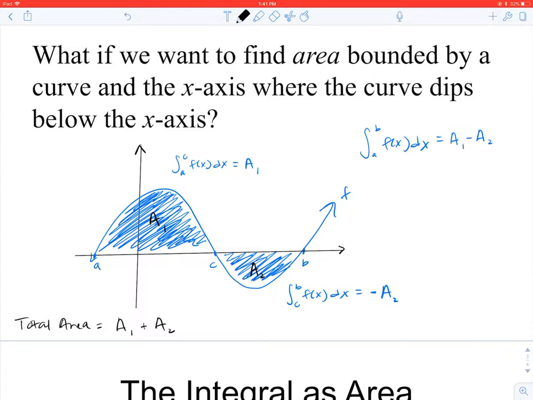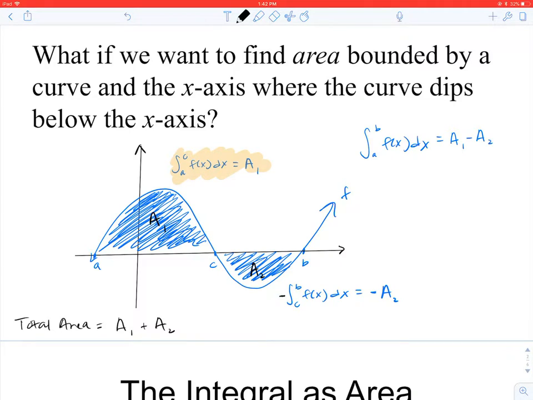In area 1, we already can see how we would find it. It would just be integrating from a to c, so over the interval for which the function is positive. And we could end up with area 2 if we were to just multiply the definite integral from c to b by -1.